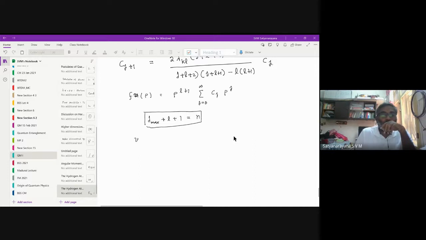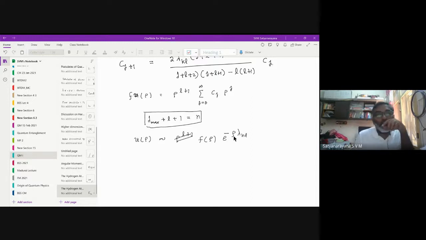U of rho is proportional to rho to the L plus 1 into F of rho into e to the power minus rho times some lambda. Of course, we called it lambda N L.